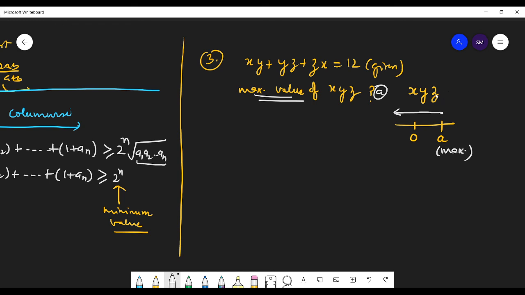So what expression will I be getting? Here you have xyz on this side, so xyz will be less than or equal to a. First of all, try to understand in what form you need to write the inequality. You need this form, students.